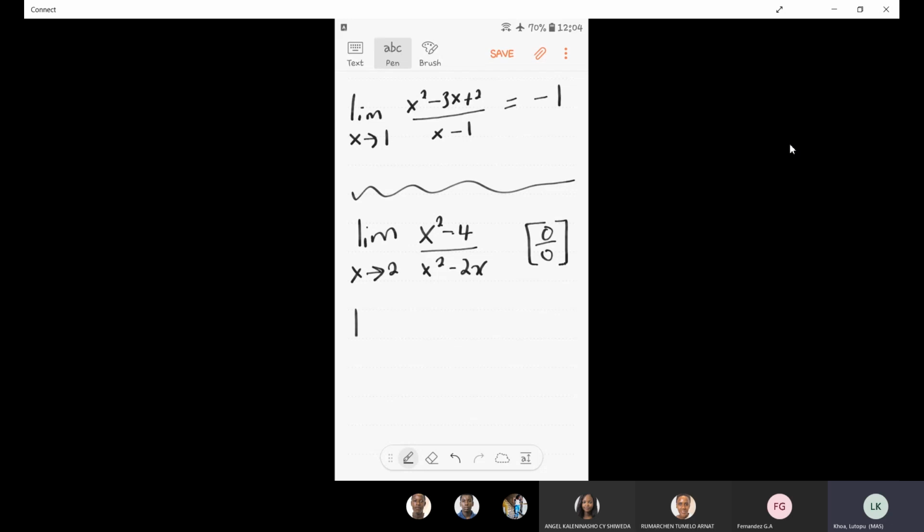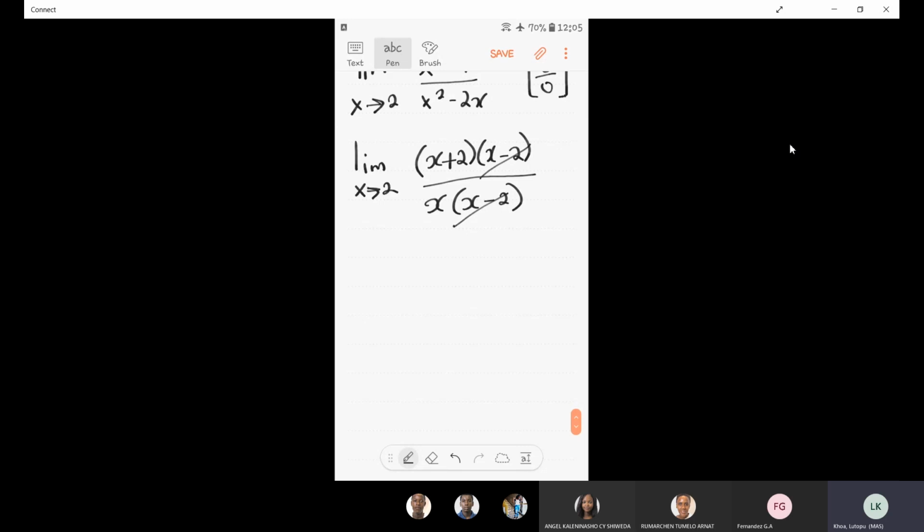So here I have my limit. Because I have not substituted, the limit should still be there. Factorize the numerator using the difference of squares. And then in the denominator, x is a common factor. So I factorize that, then those two can cancel.